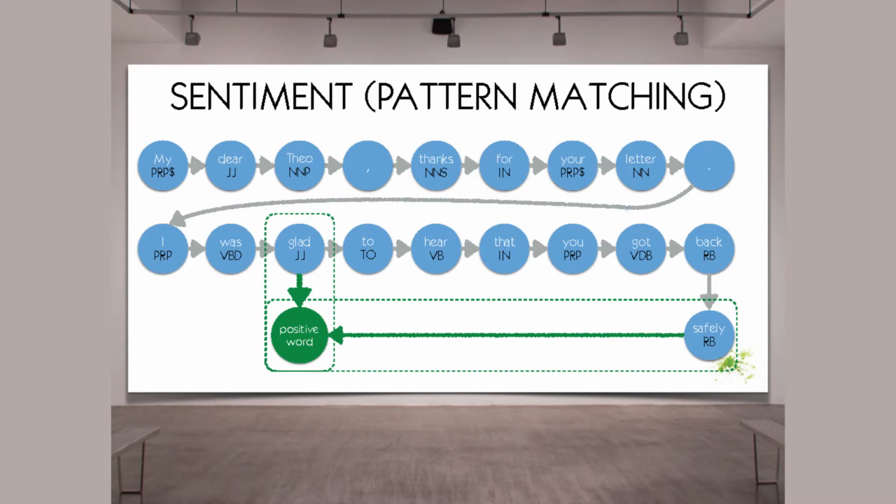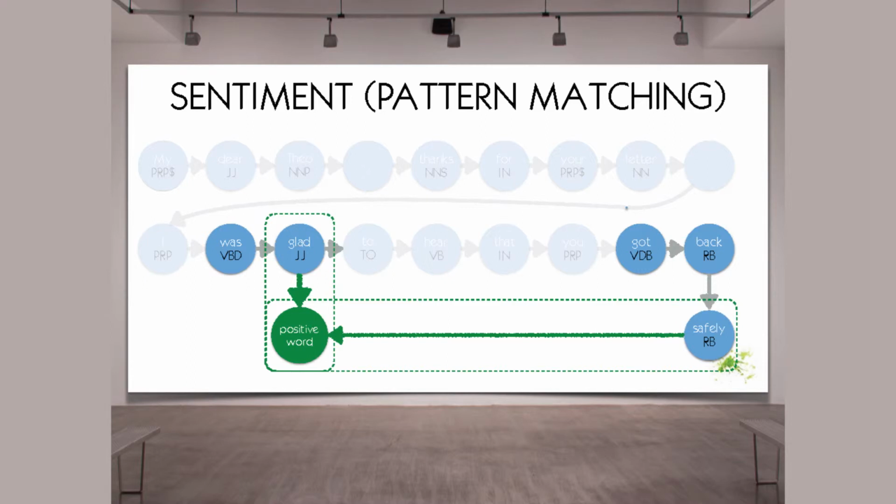In Neo4j it's very easy to implement a pattern match and calculate the polarity of the sentence and of the letter, of course. We just look for verbs followed by an adjective which is attached to a positive word.